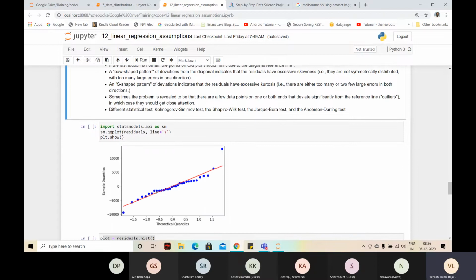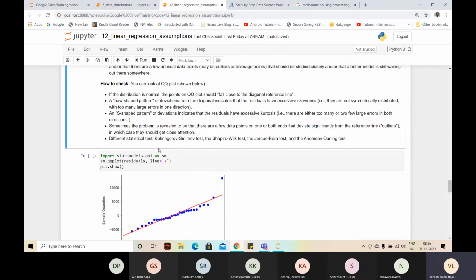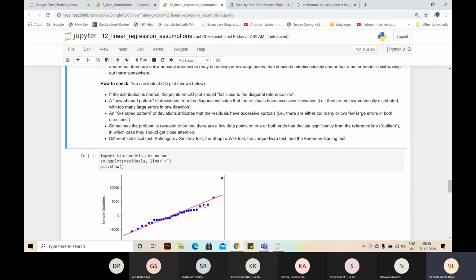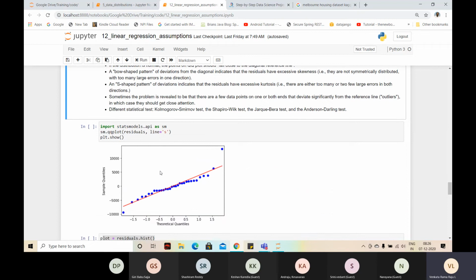If the plot is like this, that means the error term, or any column, is normally distributed. If it is forming a bow shape, like this or like that, one direction is left skewed and the other is right skewed. If it is forming an S shape, then there is a lot of kurtosis.